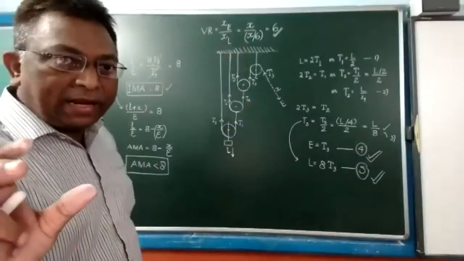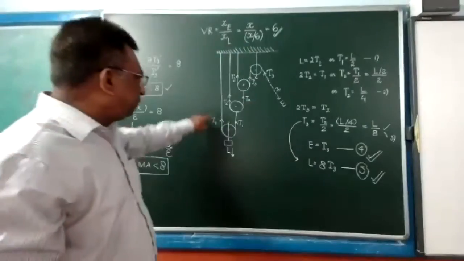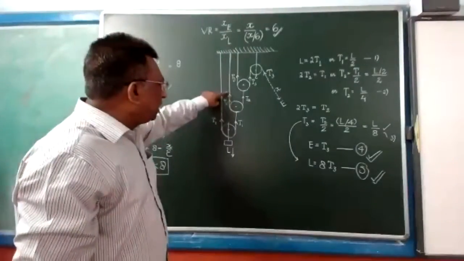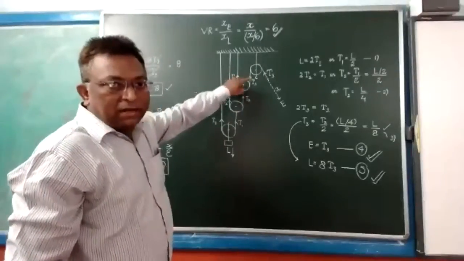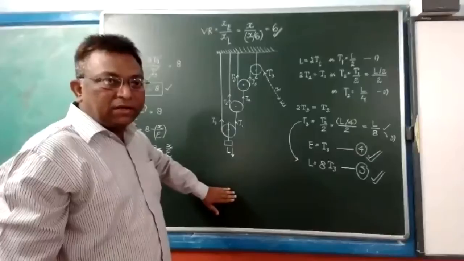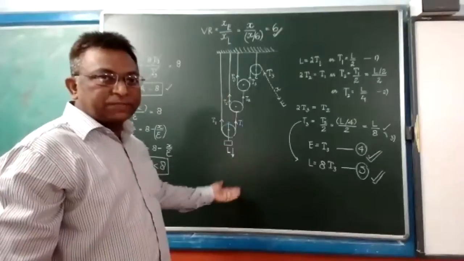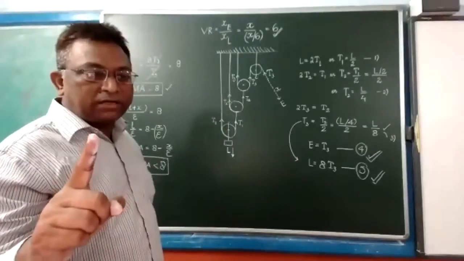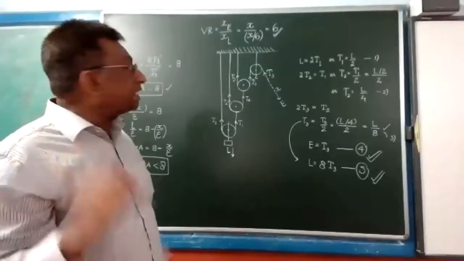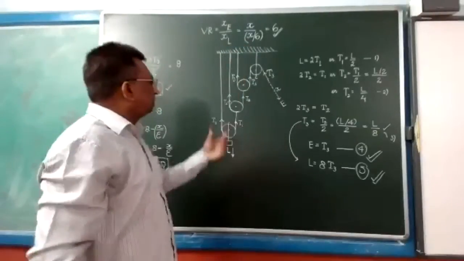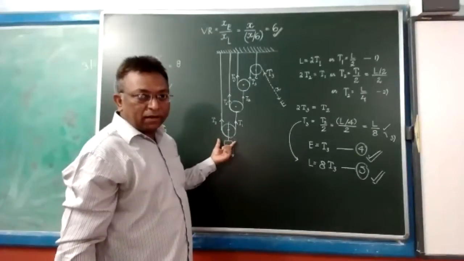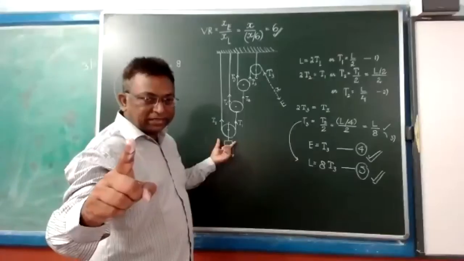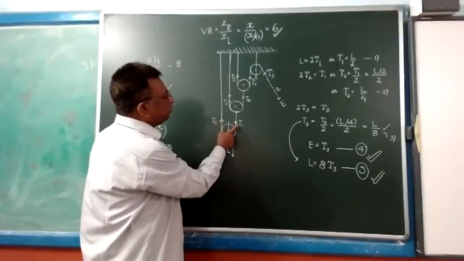How many cords are there? First cord, second, third, fourth, fifth, sixth. It means that this load gets displaced through a distance of x upon 6.